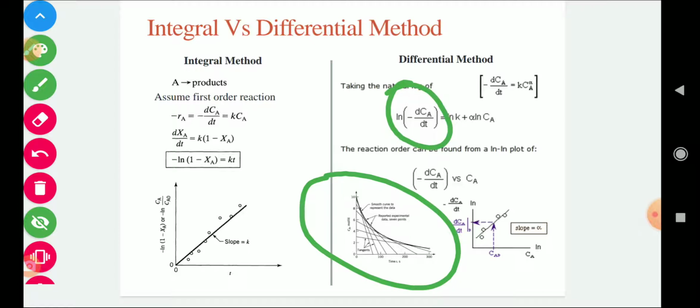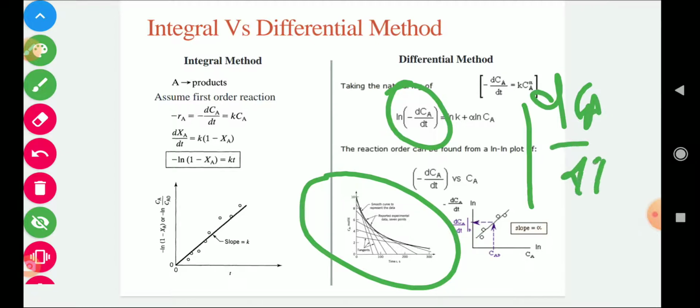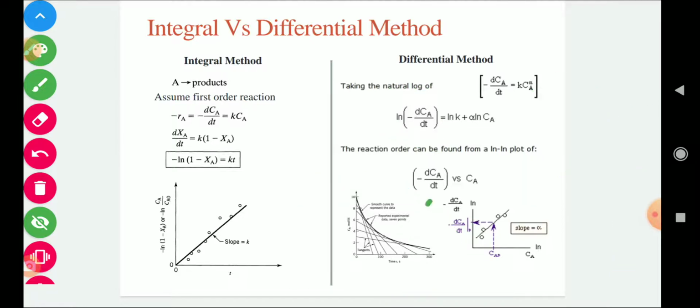So we calculate dCA by dt at different positions, and then make a table of dCA by dt and this CA, and then we plot this graph and see whether we get a straight line or not.